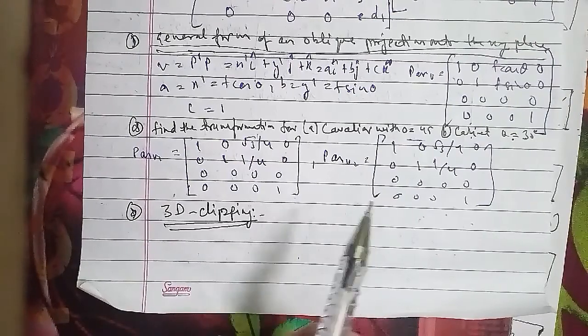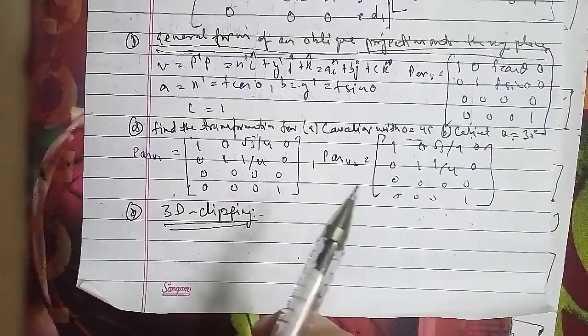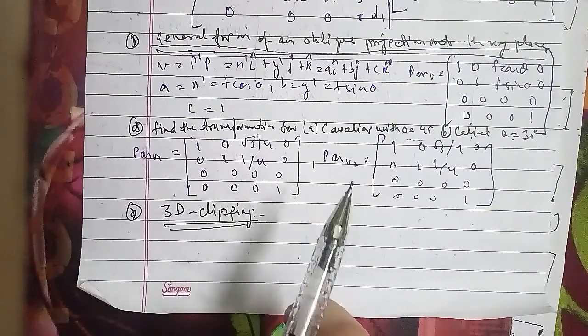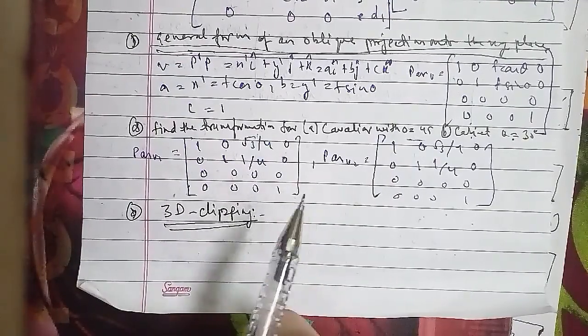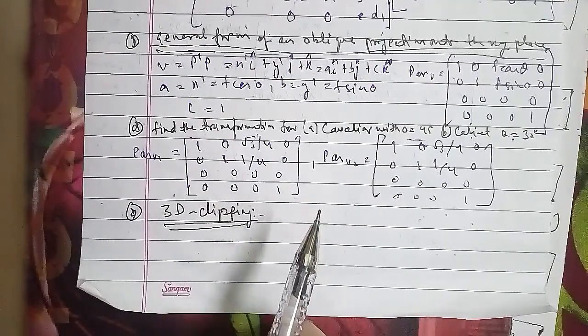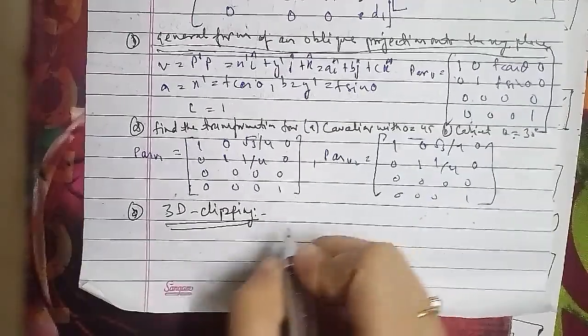Now we'll go ahead with the details of another question, which is: write a 3D line clipping algorithm for the Cohen-Sutherland region code method. This has been asked many times in examination papers for 10 marks.